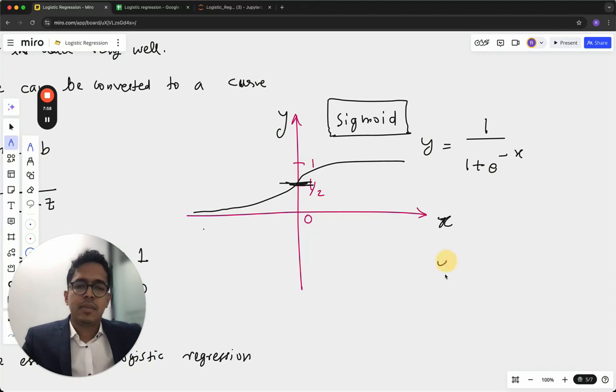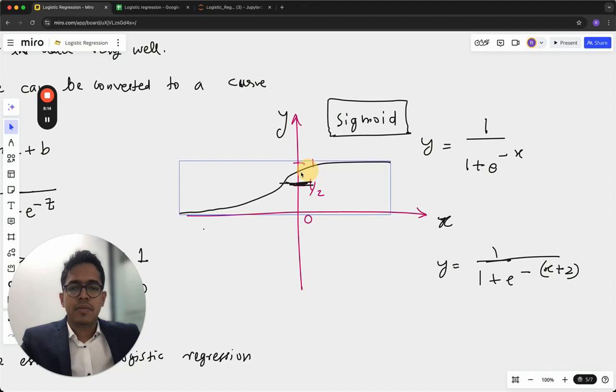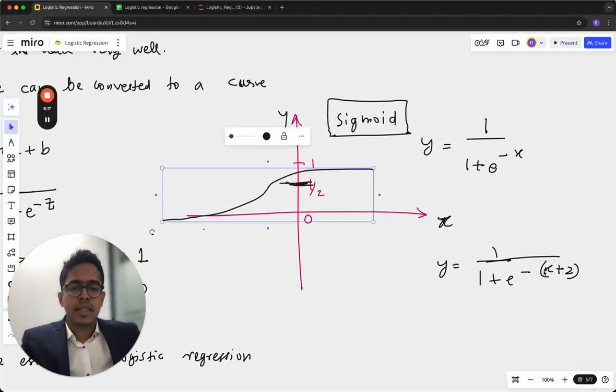What if we had something like y equals 1 by 1 plus e raised to minus (x plus 2)? Then whatever x equal to 0 was accomplishing, which is the middle of the sigmoid, now x equal to minus 2 is accomplishing. Meaning the sigmoid curve has to be shifted slightly here, right? Because x should be minus 2 in this case for the sigmoid to perform similarly.